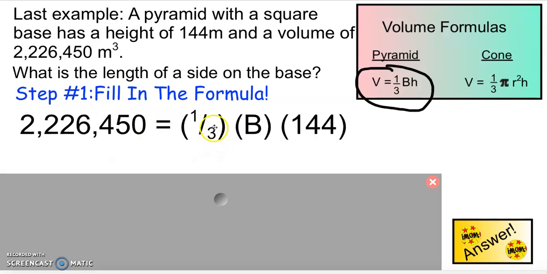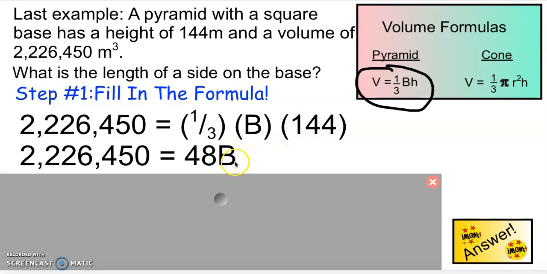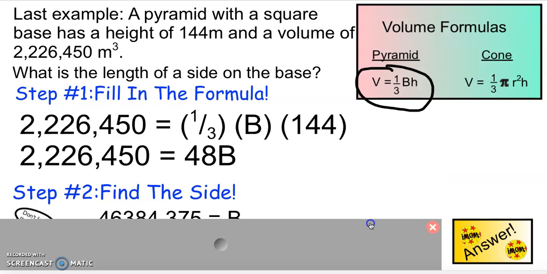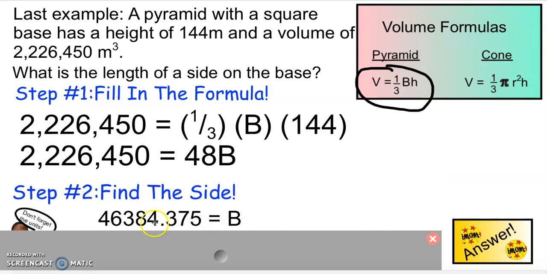So first thing I'm going to do is take 1/3 times 144, and that's going to get me 48. So I'm left with 2,226,450 equals 48 times the area of my base. So now I'm going to divide both of these by 48. When I divide both of them by 48, I get 46,384.375 is the area of my base.